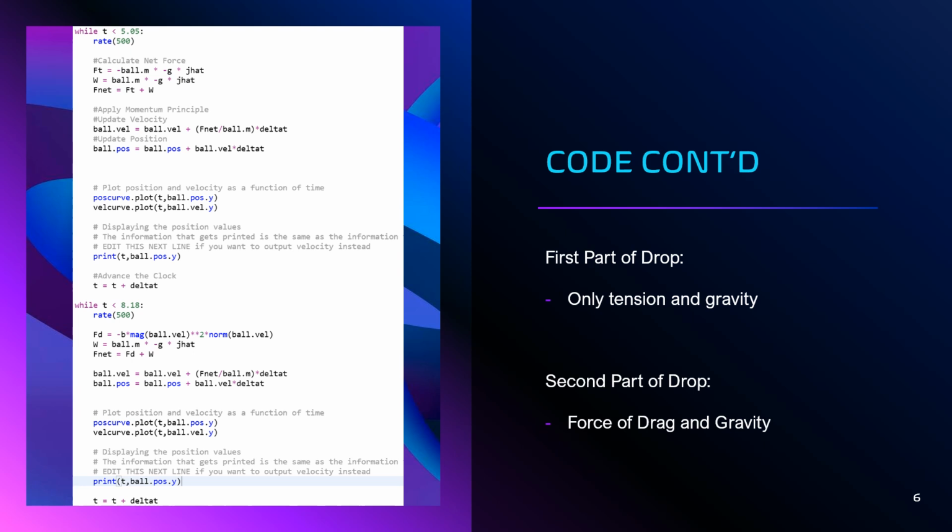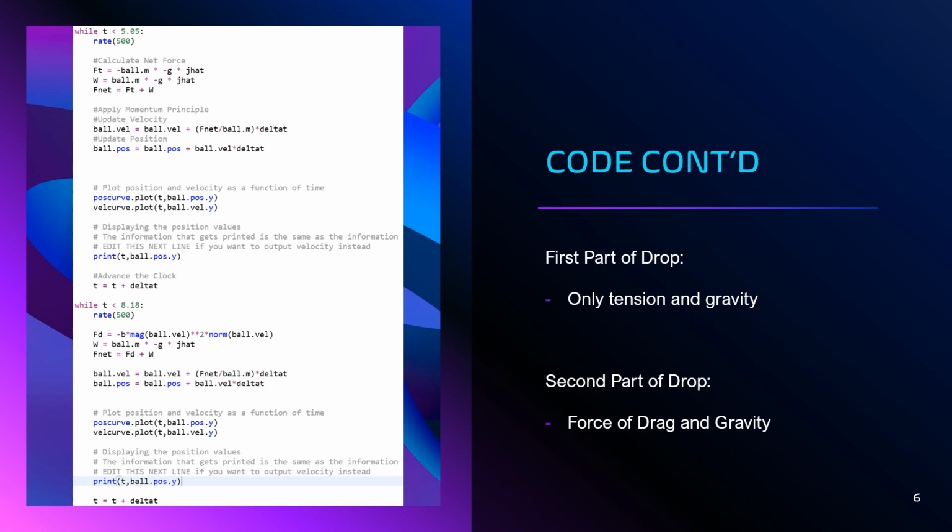So basically we have the force of tension is equal to the force of gravity, but opposite since the Slinky isn't moving. And then for the weight, we just have the Slinky's mass times the acceleration due to gravity, and then those added together are the net force. And then we can use the net force to update the velocity and the position using the momentum principle.